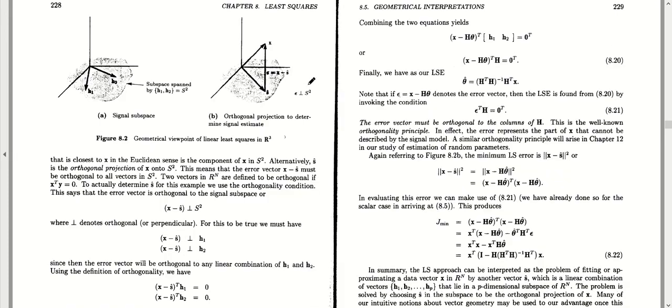So this is to say that we are using H as the space. In other words, H is the basis to form the space.